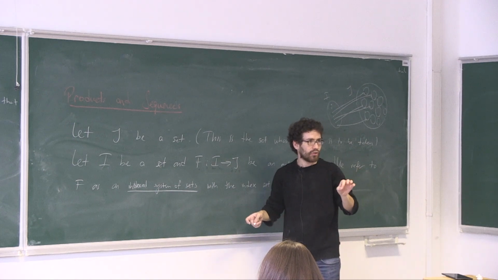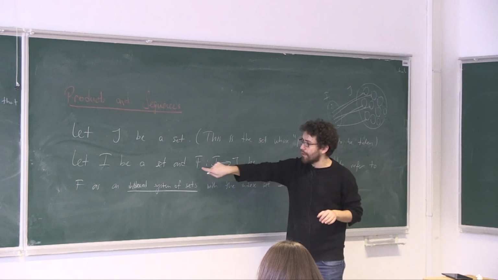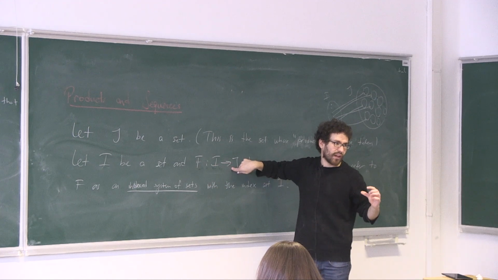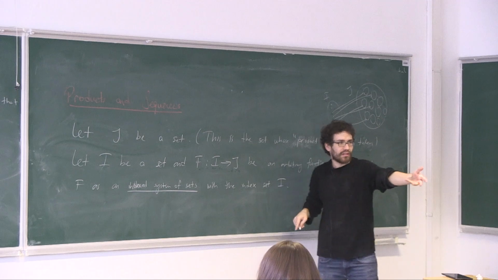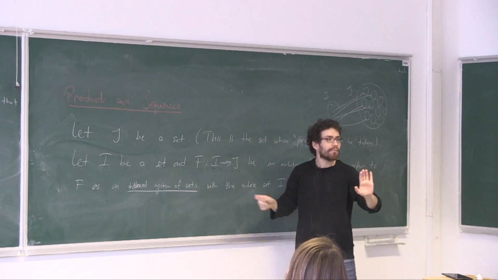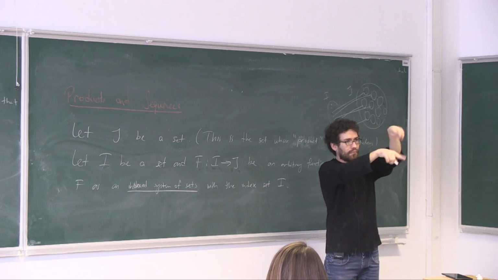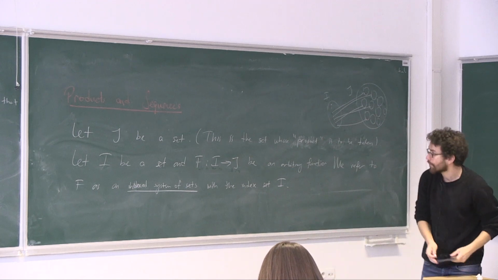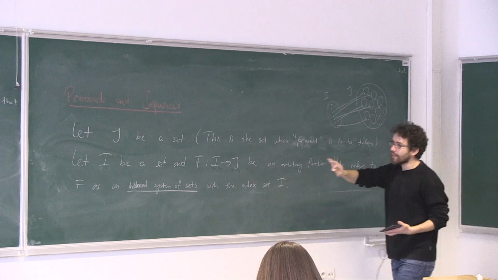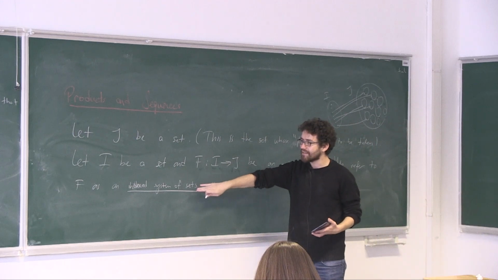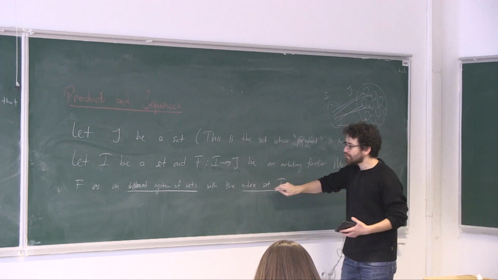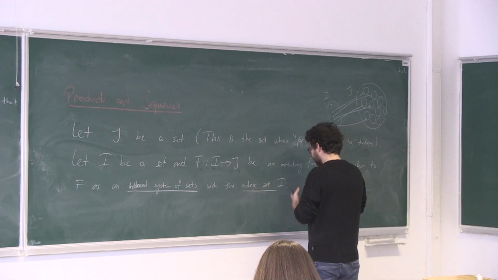I have extra conditions. The domain of f is exactly I, and the range of f is a subset of J. So that's what you were talking about. A function from I to J means that there are no elements left in the domain. So we're going to refer to this function as an index system of sets, with the index set I. So this is the set of my labels.